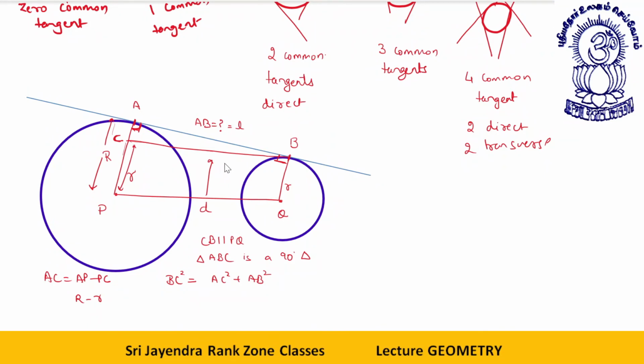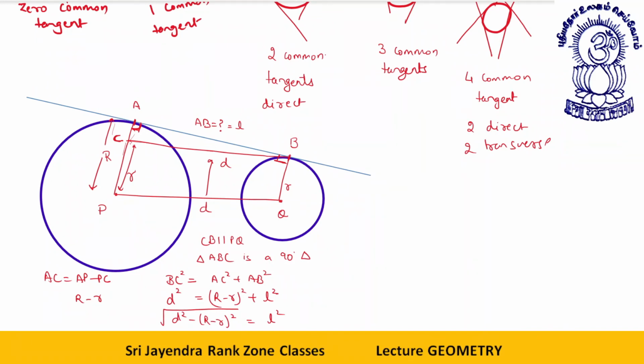Okay, clear? So I can say D square is equal to AC square, AC is R minus r, so (R minus r) square plus AB square. AB is actually the length of the tangent which you need to determine. So from here you can say D square minus (R minus r) square is equal to L square.